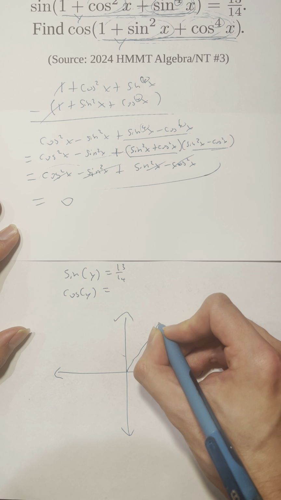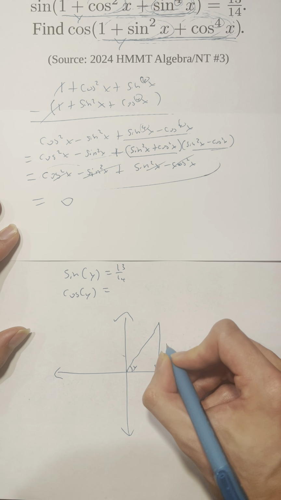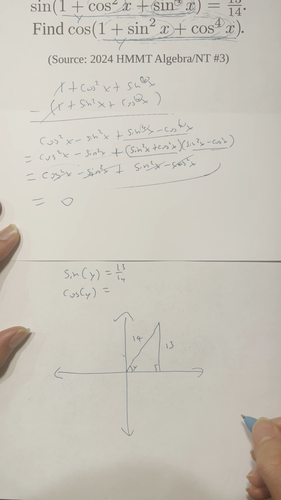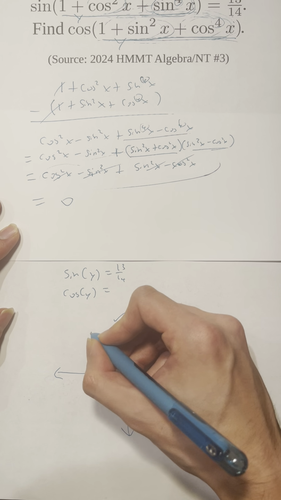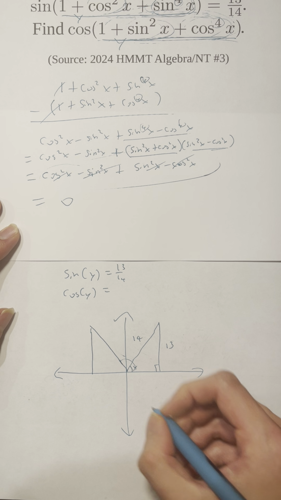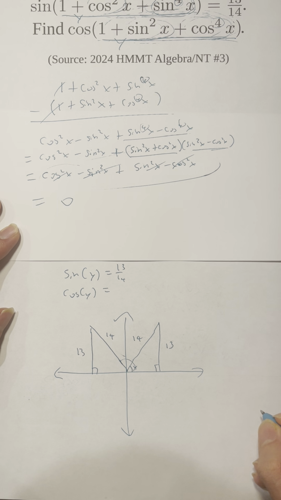This is one way we could draw it. So sine, that's going to be 13 over 14. But there's another way to draw the triangle. Like this. And then this would be y. And then it would be 13 over 14.